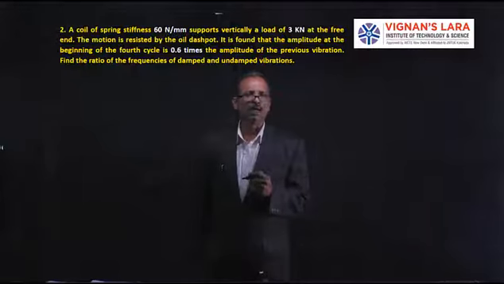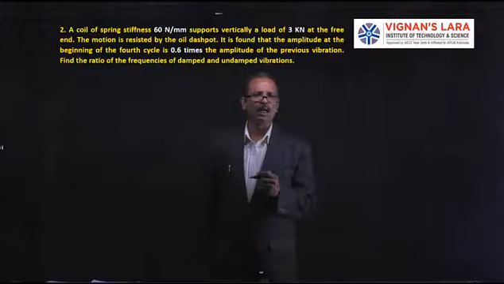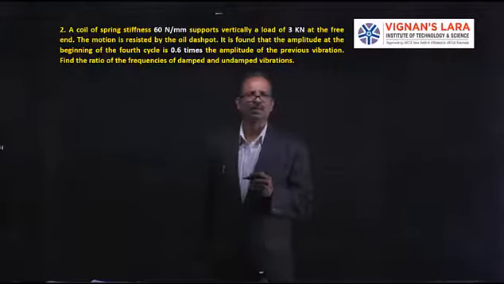It is found that the amplitude at the beginning of the fourth cycle is 0.6 times the amplitude of the previous vibration. Find the ratio of the frequencies of damped and undamped vibrations.